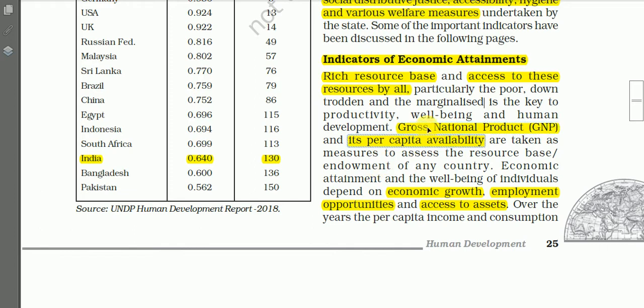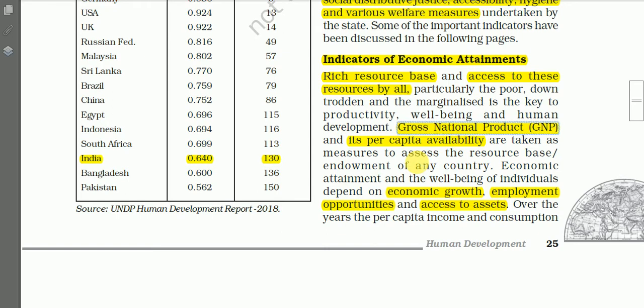Okay, so what do you mean by gross national product? Do you remember that you have learned it in economics class? Okay, I will tell you.